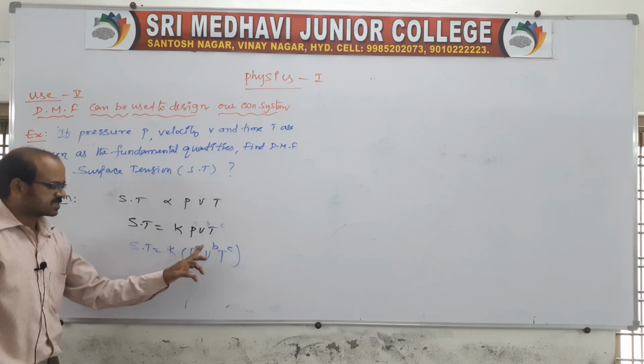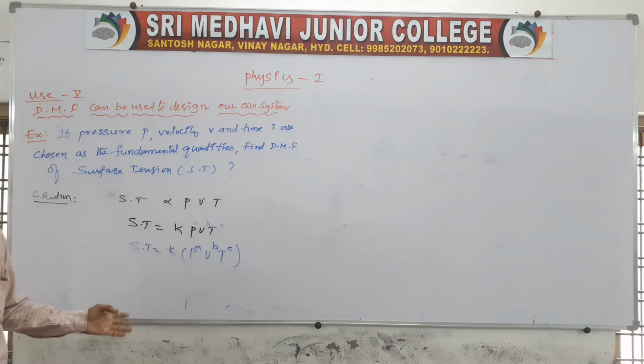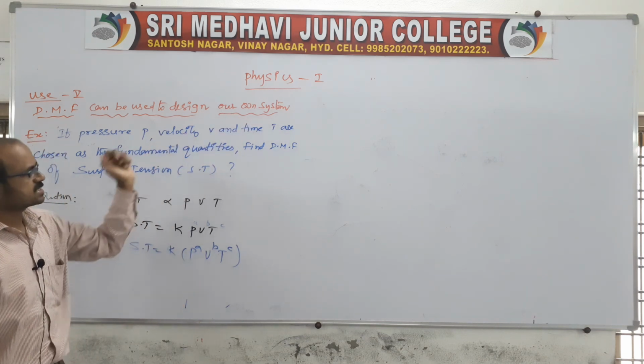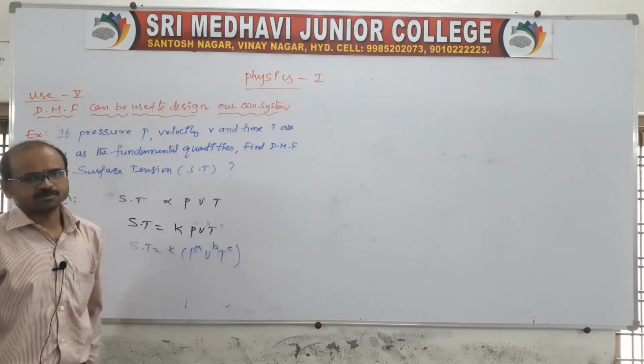After getting A, B, C, substitute here, then we will get our own new system, because the question only says design our own system. This is the use.